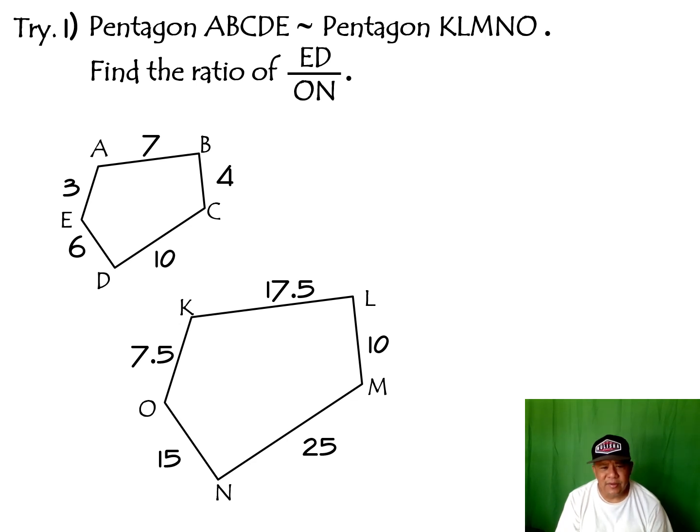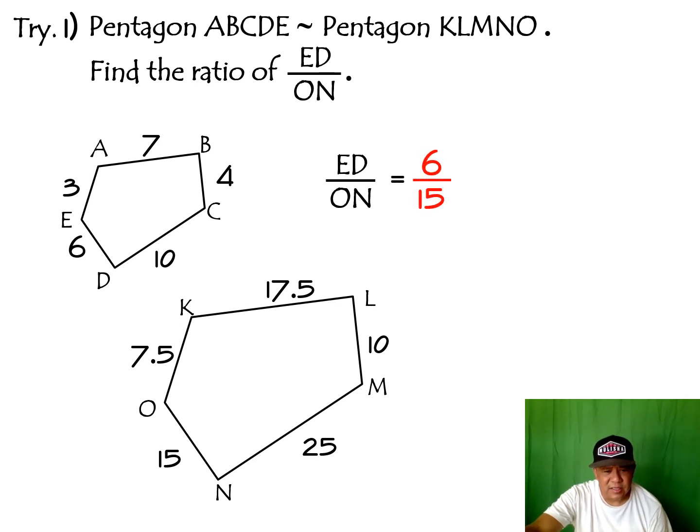Let's find the ratio of ED to ON. So what is ED? Look for ED. ED is 6. And then take a look at ON. ON is 15. So take 6 divided by 15, and you get 0.4. And there you go. 0.4 is the ratio of ED to ON.